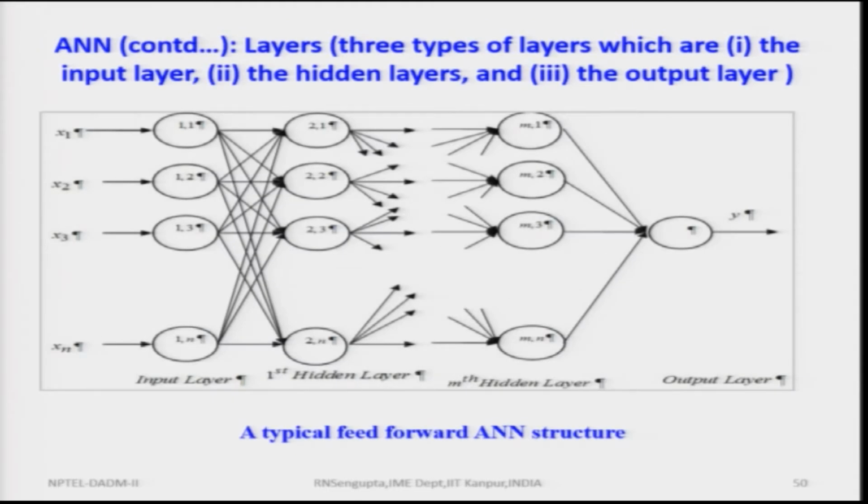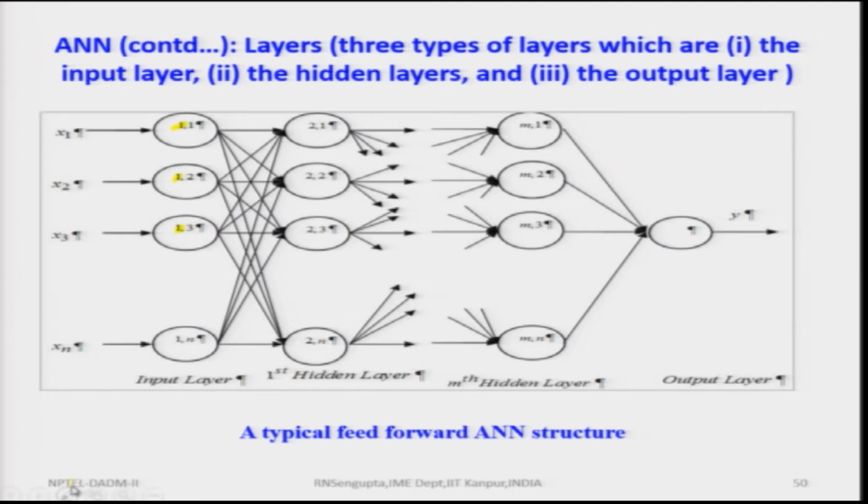So, this is a very simplistic way of defining. You have the input layer and the nodes are marked like this. If you see this so-called node, the first number is for the first layer, the input layer.